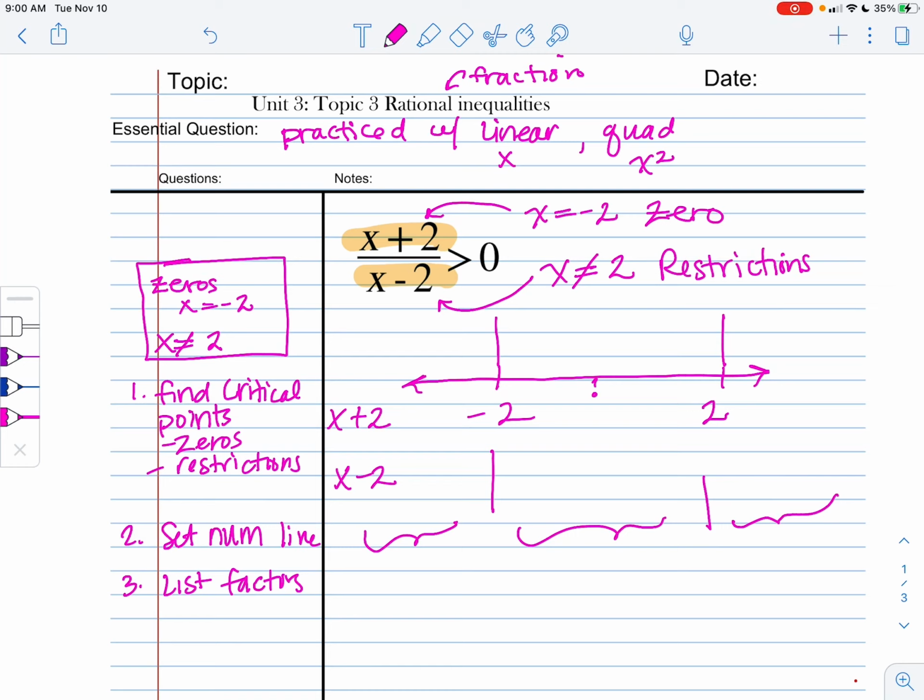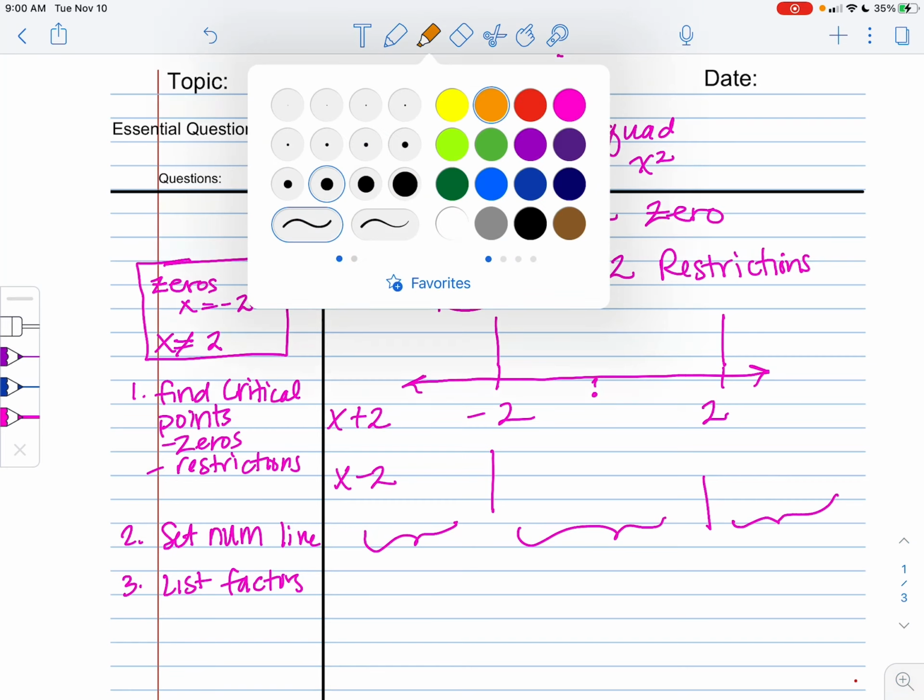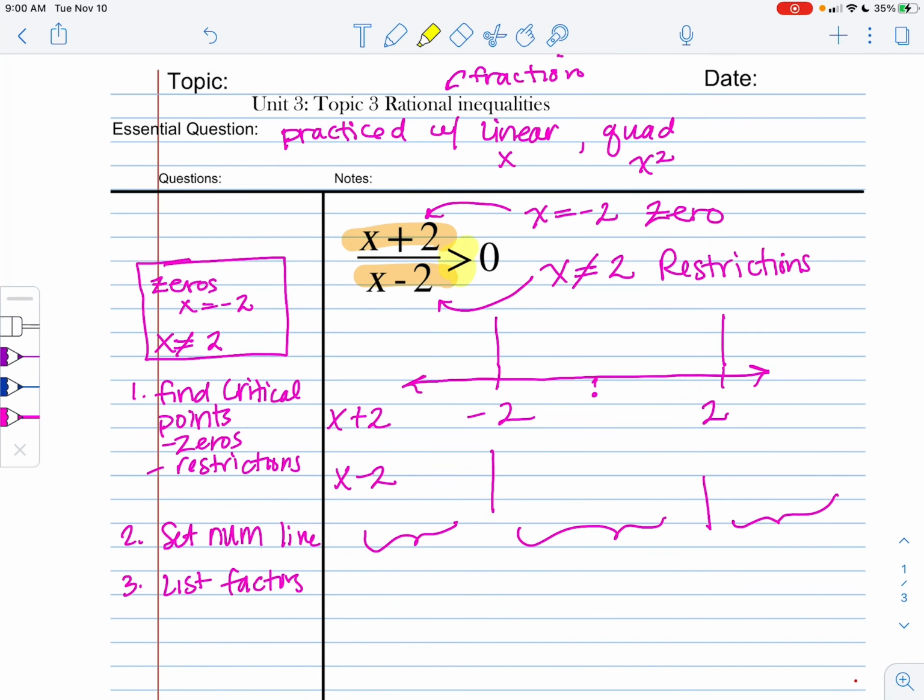Okay, looking at this, I know that means that these will have open circles on them, and then I am looking for negative numbers. This means negative. Okay, and then we do the same way we were doing with the quadratic inequalities, where I pick a number on the outside here.